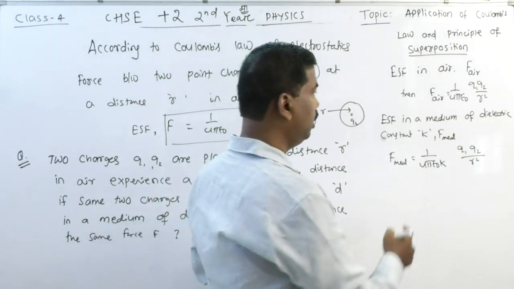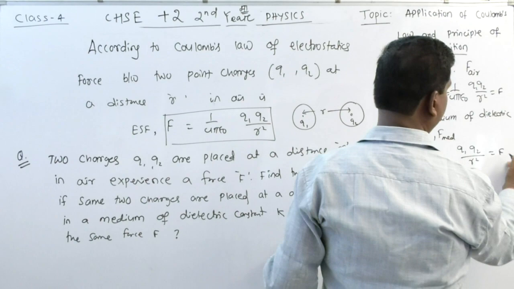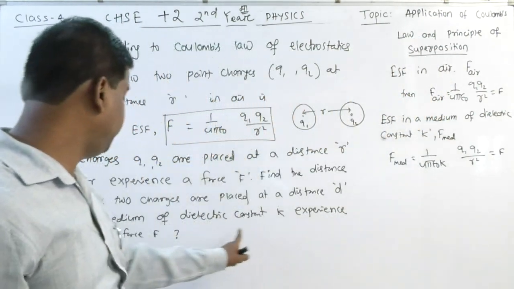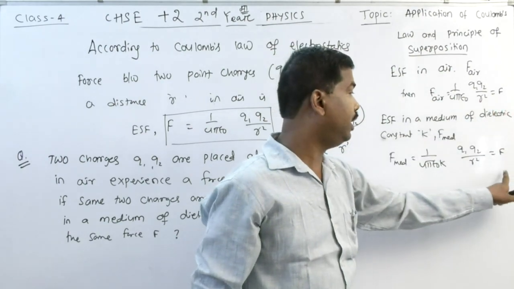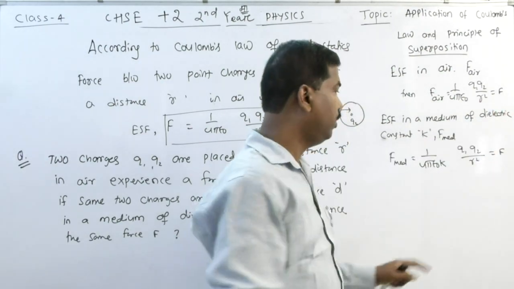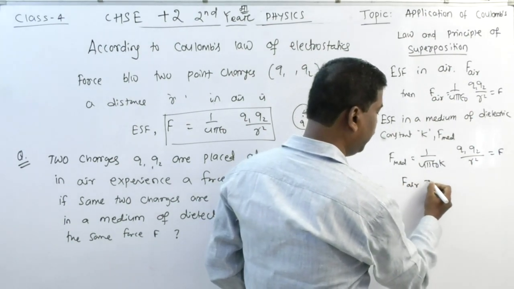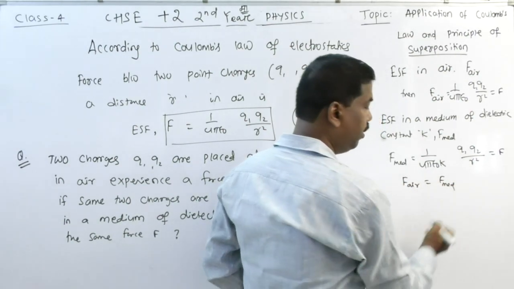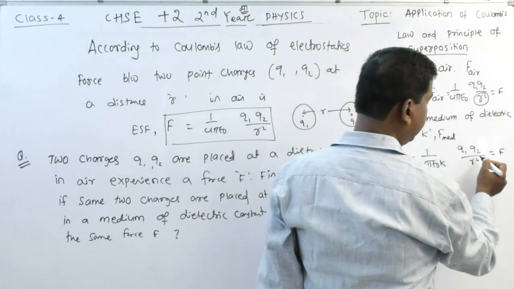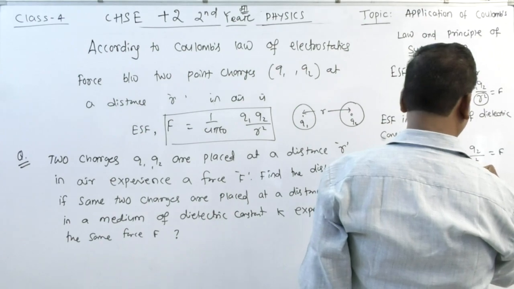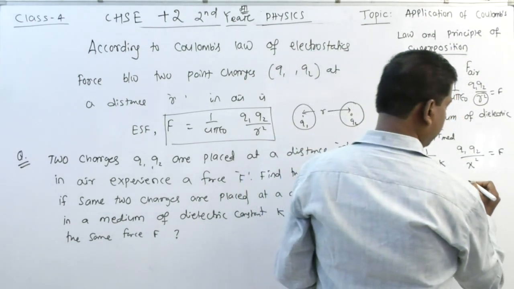Listen to me. Here the given force is F and this force is also F. The force is the same. Only difference is here the distance is r and here the distance is x. Let the distance be x, and I have to find x.